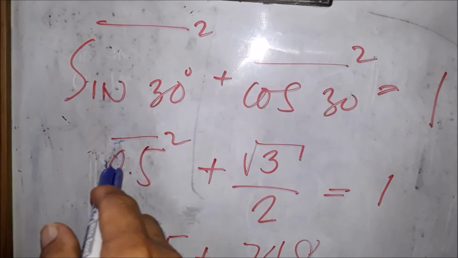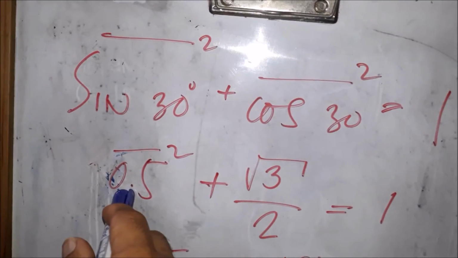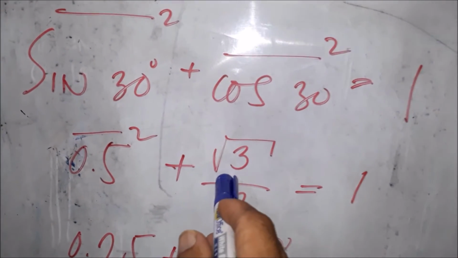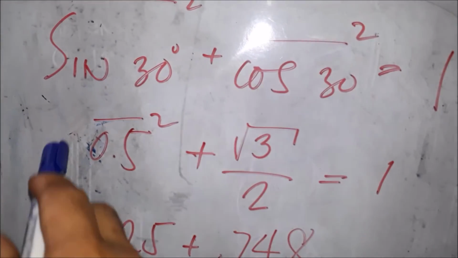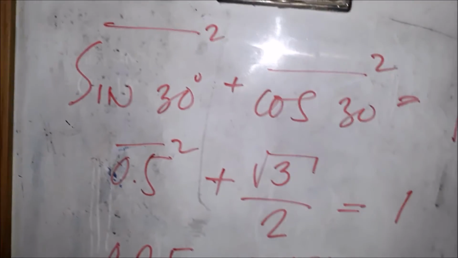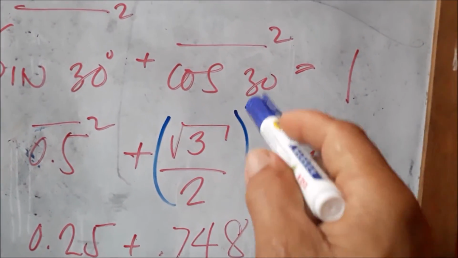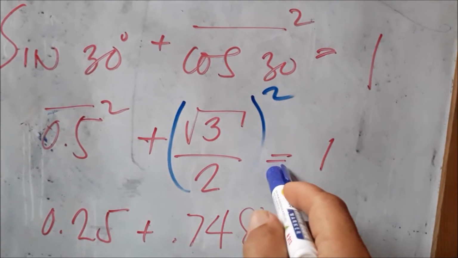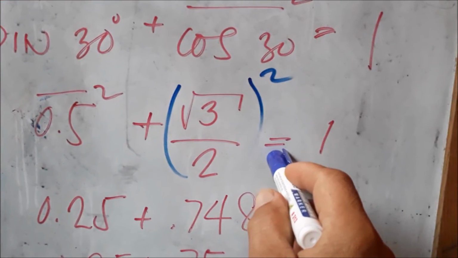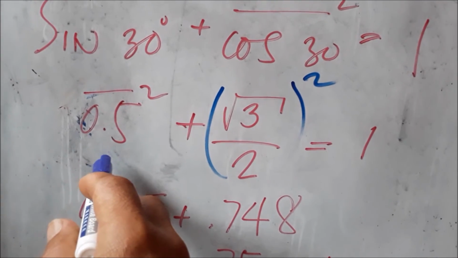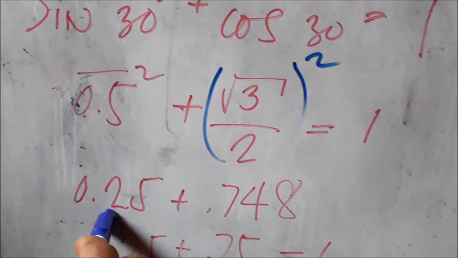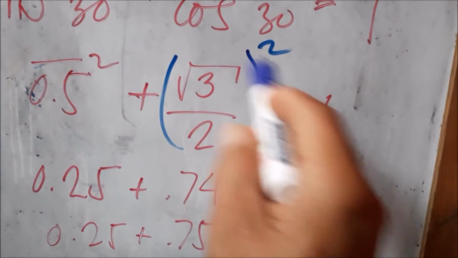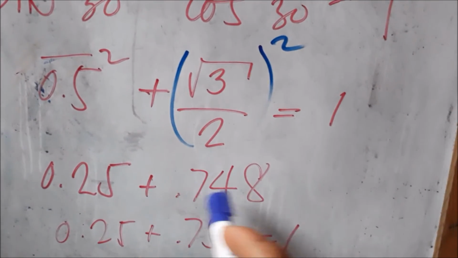Sine 30 degrees is 0.5, and cosine 30 degrees is square root of 3 over 2. So squared, sine 30 squared is 0.25, and the square root of 3 over 2 squared is 0.748.